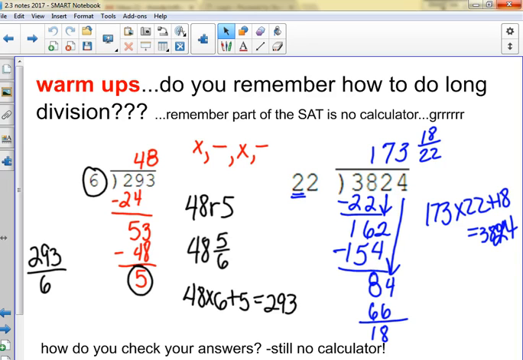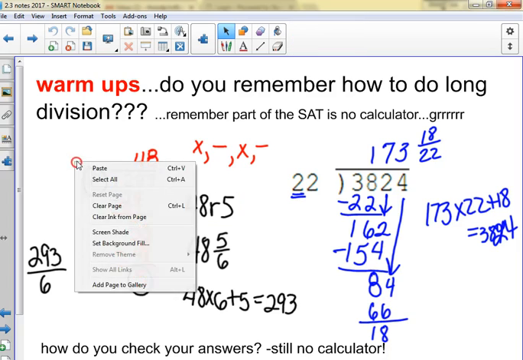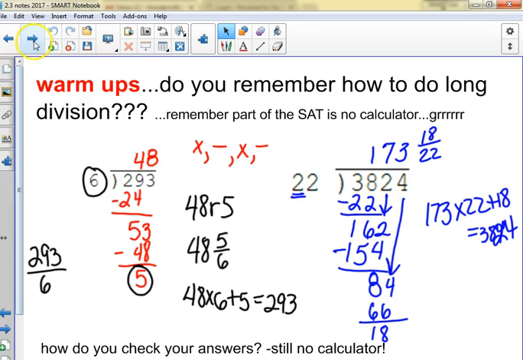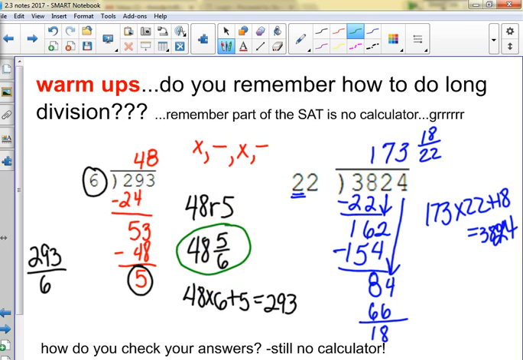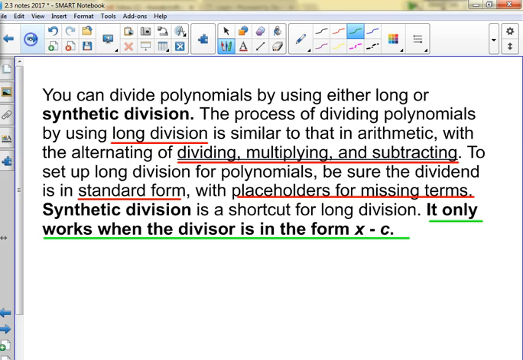When we do it with polynomials, we're going to multiply to get exactly a number. And then we also talked about writing answers as fractions. When we do this question and we get 48 remainder 5, this is algebraically how we're writing that. Everybody okay?